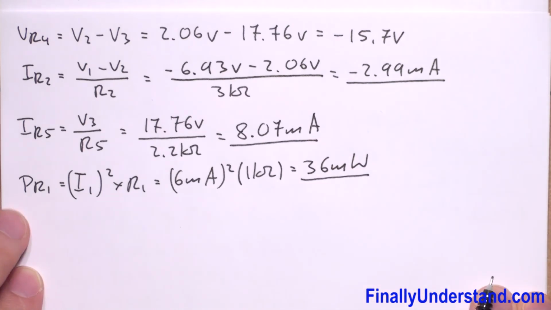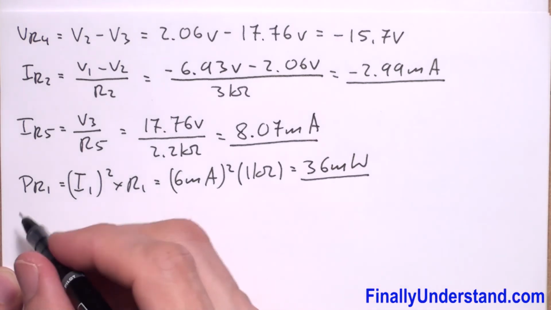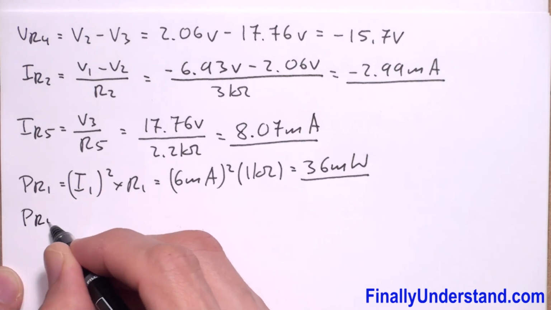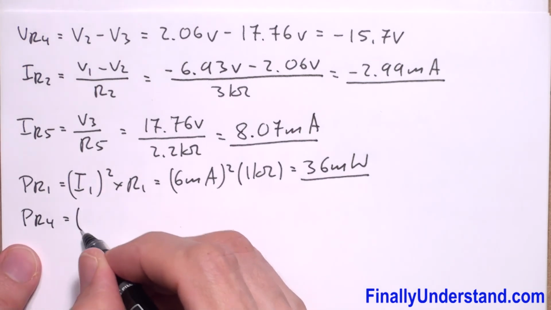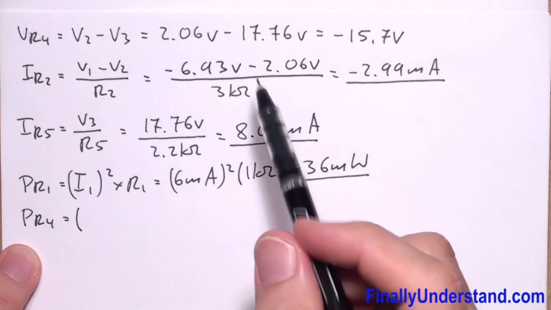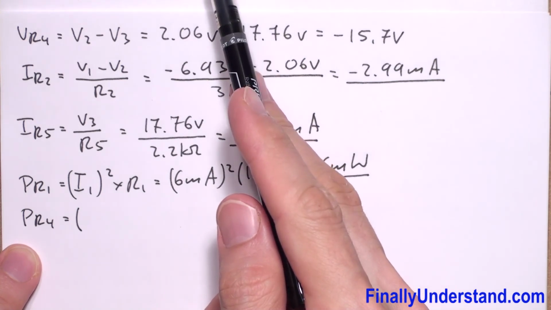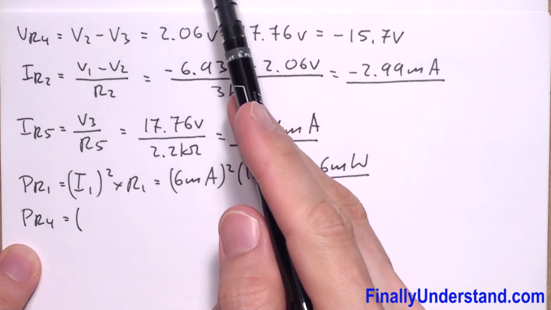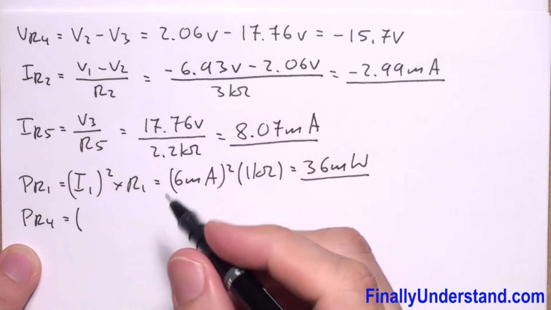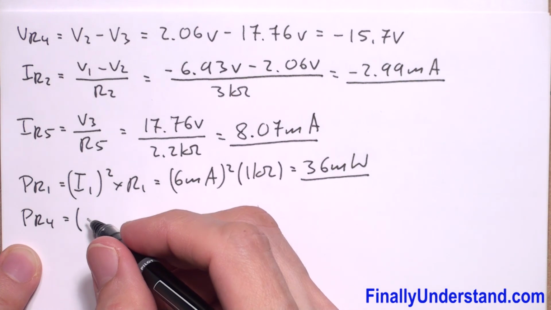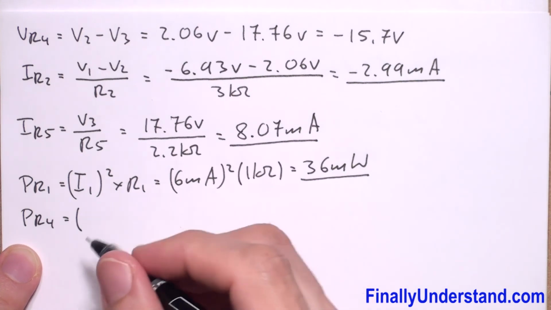Next, if I want to find PR4, the voltage across resistor R4 we found is negative 15.7 volts, but let me write the formula first.